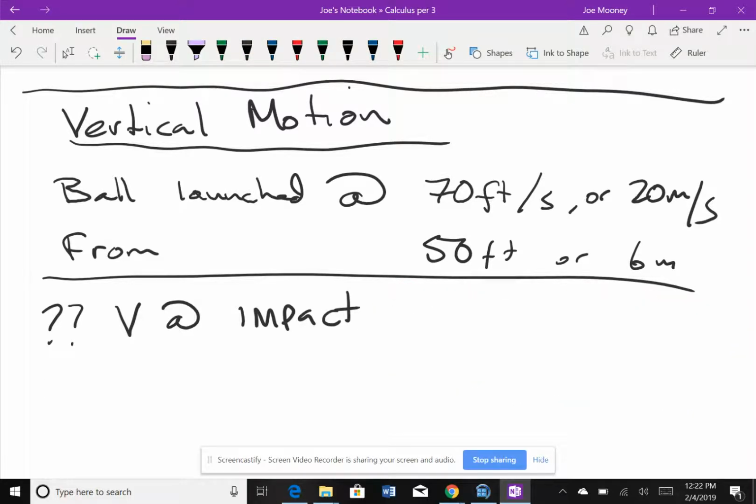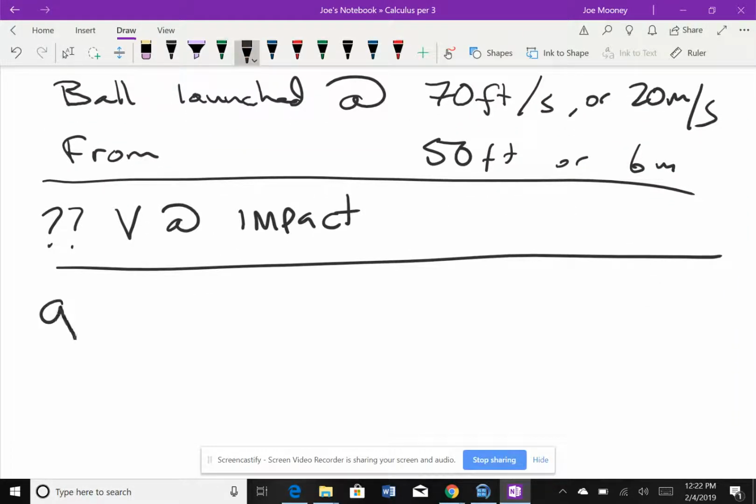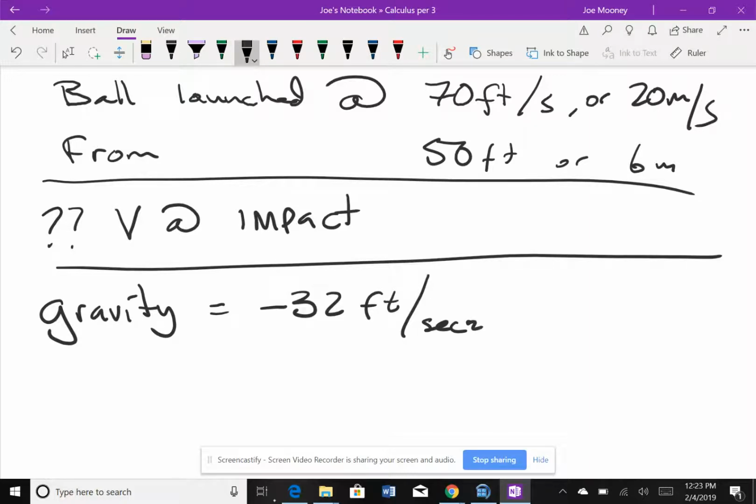At time of impact. You've got these concepts. You've got gravity. Gravity is a constant. It will either be negative 32 feet per second, or if you're dealing with meters, it'd be negative 9.8 meters per second.